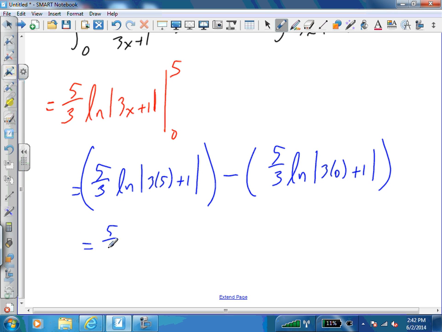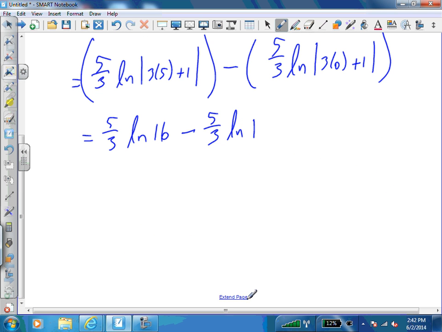So we have 5/3 natural log of, let's see, 15 plus 1, that's 16. For the second one, 3 times 0, that's 0 plus 1. If you wanted to simplify that, anybody remember what natural log of 1 is? 0. Natural log of 1 is 0, so 5/3 times 0 is 0.